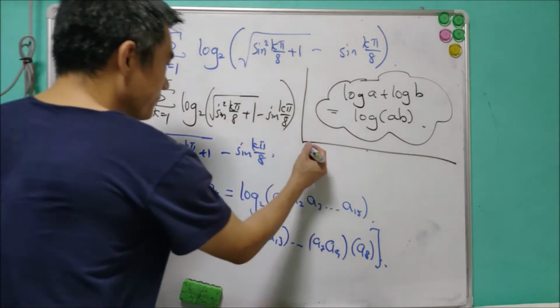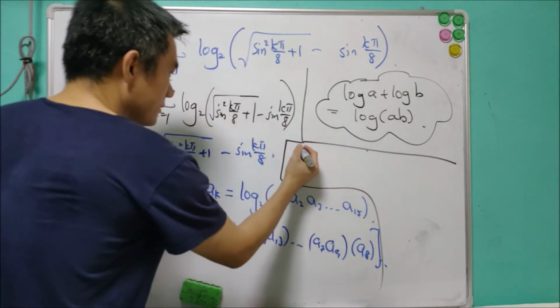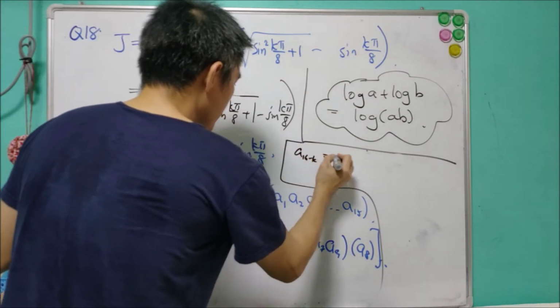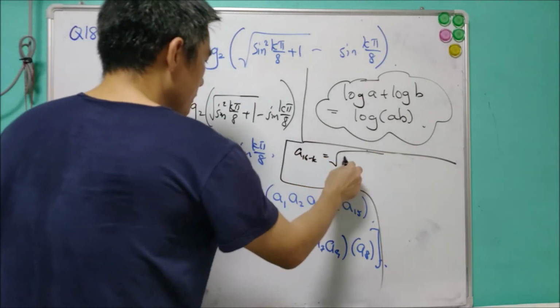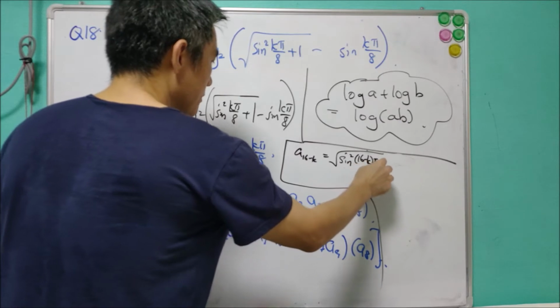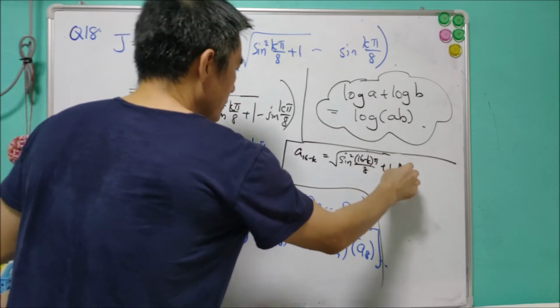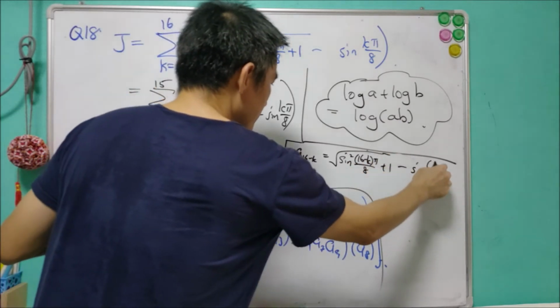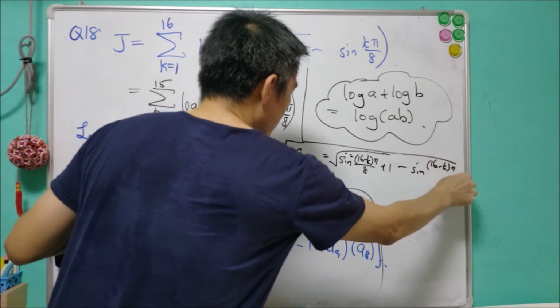Then I continue here and note that a_(16 minus k) is actually equal to the square root of sine square (16 minus k) pi over 8 plus 1, minus sine (16 minus k) pi over 8.